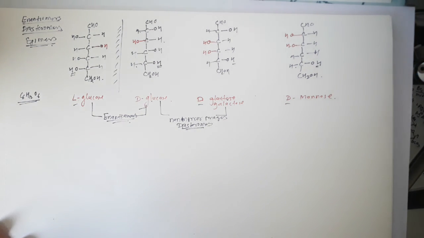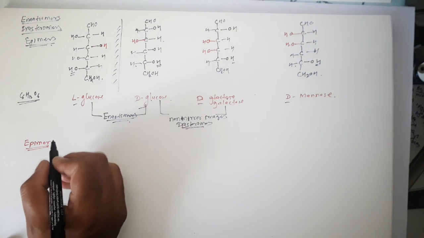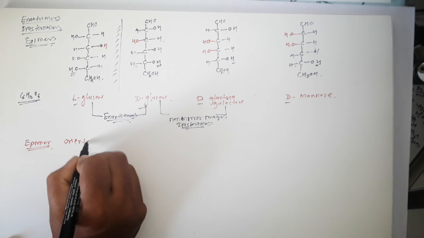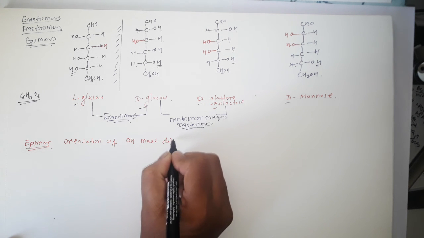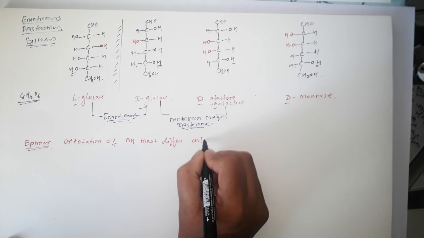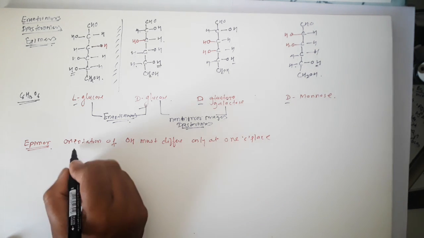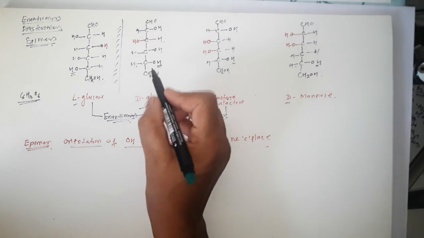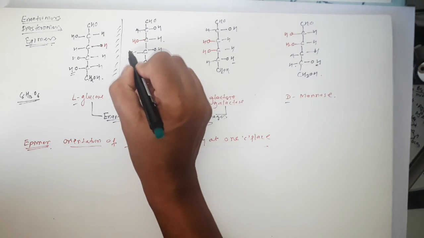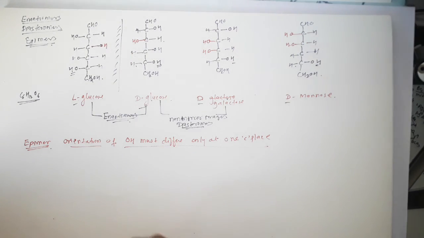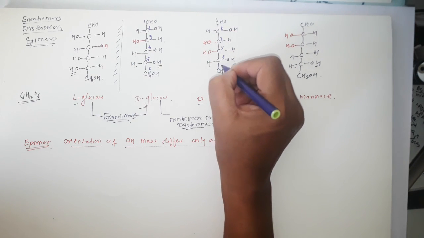Now we will see the epimer. What is an epimer? Epimers are those where the orientation of OH must differ only at one carbon place. Now if you observe glucose and galactose, this is carbon number 1, 2, 3, 4, 5, 6, 1, 2, 3, 4, 5, 6.